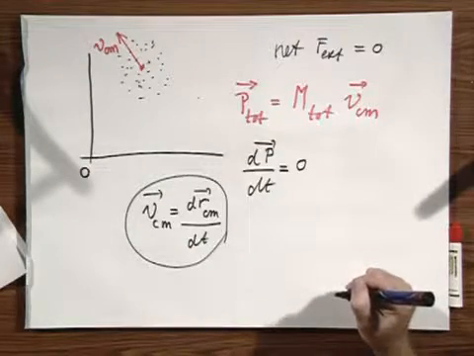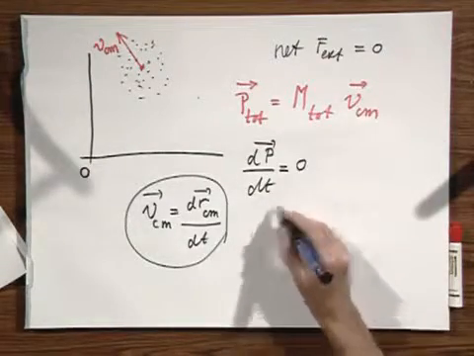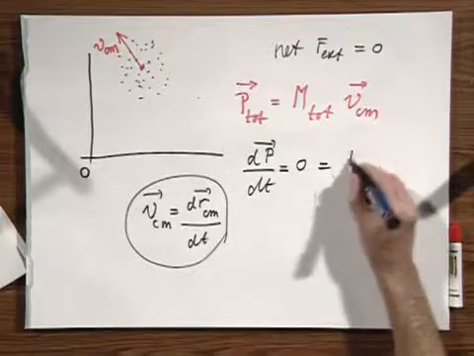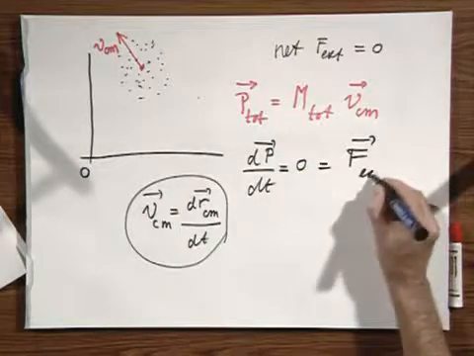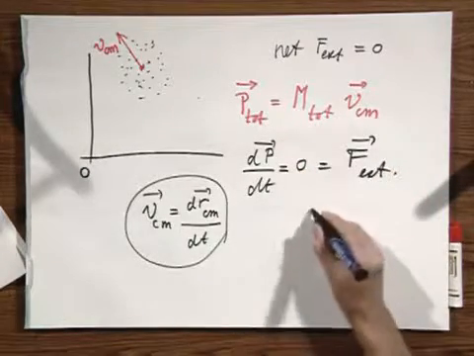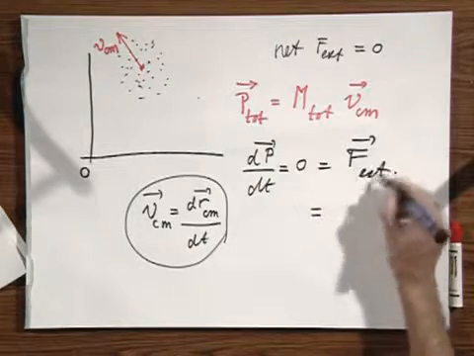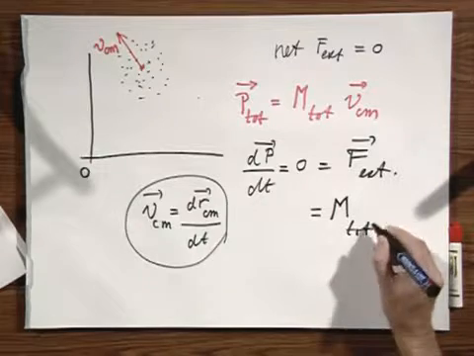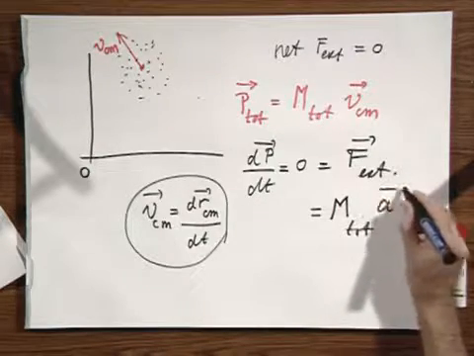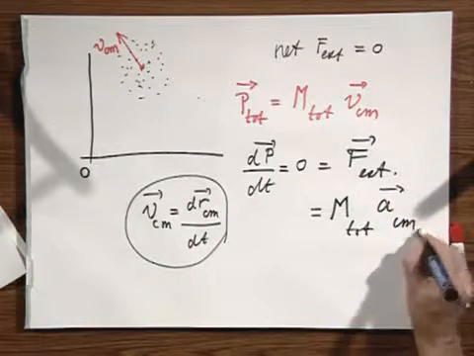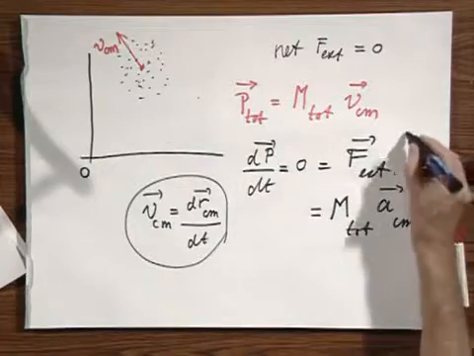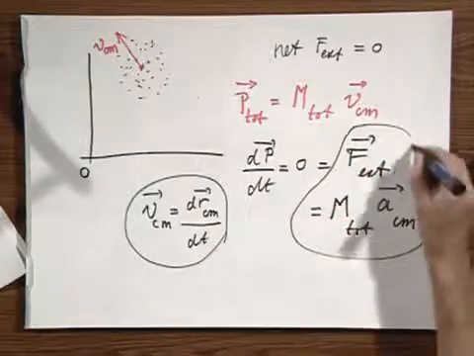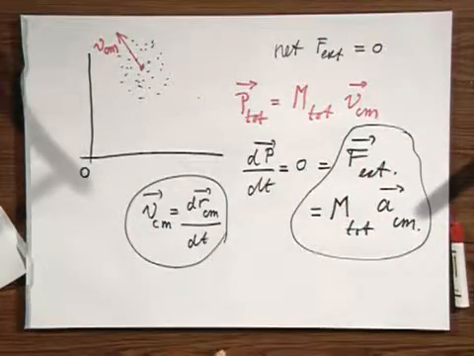Now, dp/dt is the net external force, so you notice that F external equals the total mass of all the particles times A of the center of mass. Notice that there is some remarkable property going on here.